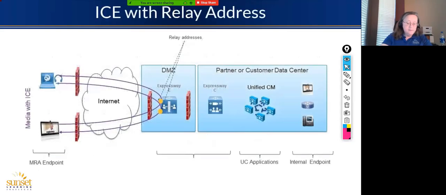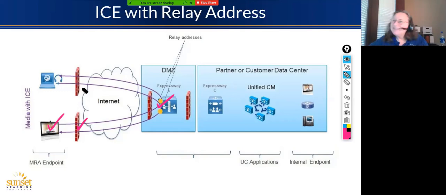So from a media path standpoint, we've been talking about TURN. They do their negotiation, and I've got this IP address, I've got this IP address, and I've got this IP address. If I want the media to flow through this pair of firewalls, these two firewalls have to trust each other.